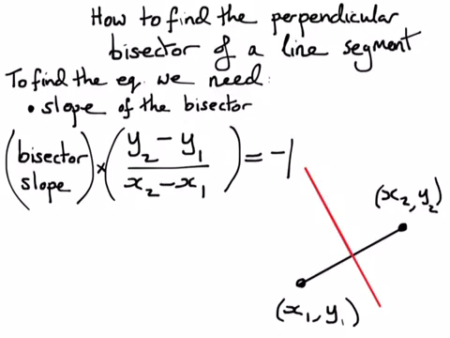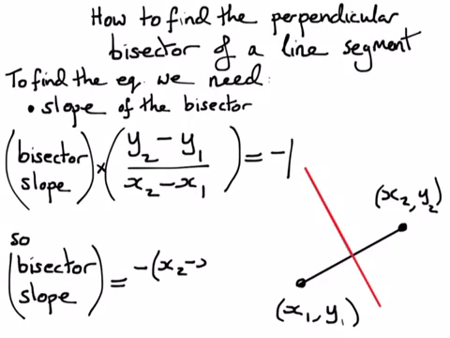Now, if I multiply both sides through by x2 minus x1, and then divide both sides through by y2 minus y1, or you might like to think of this as cross-multiplying, what I'll end up with is that the slope of the bisector is equal to negative, and then in parentheses x2 minus x1 divided by y2 minus y1.